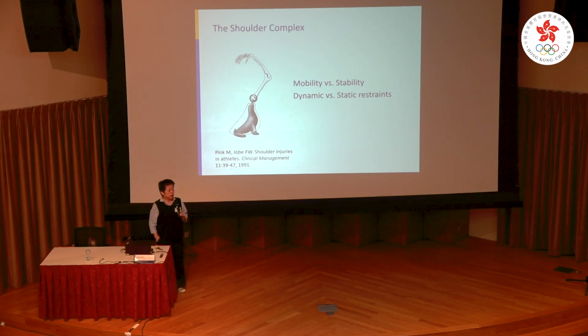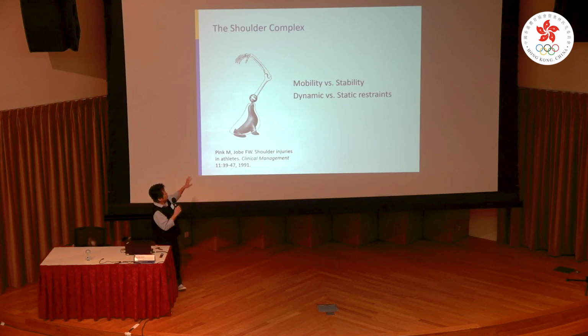This particular image is very old, but I like it a lot because it tells about the way the shoulder moves. If you have a sea lion holding onto a ball, the arm is the distal part of the movement, where you're able to handle the ball and do the mobility work or handle it with control, and you need a rather stable base.